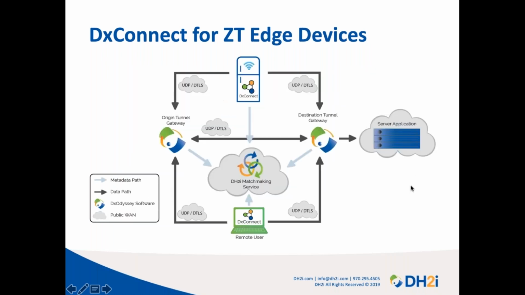So a final use case here is an Internet of Things device, an IoT use case. Essentially, what this allows for is that these edge devices can connect securely to one another, to some remote server application backend, let's say, and then also the remote user can access these resources in this application on the backend.